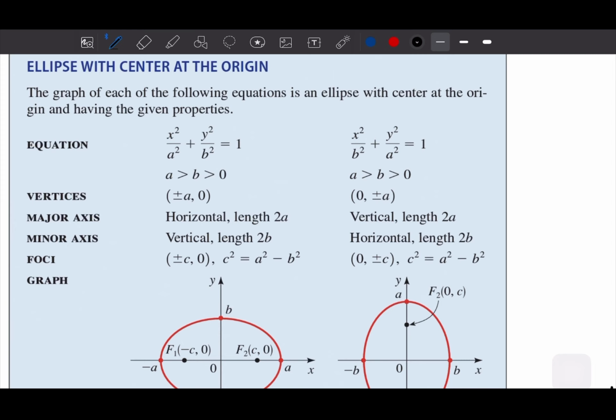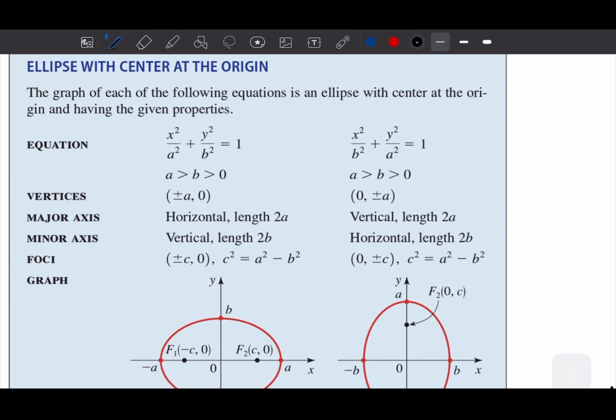The origin is the center of the ellipse. Well, in this one, the major axis is the vertical line. And then the focus, the c here, we define c as we defined before, c squared equals a squared minus b squared.